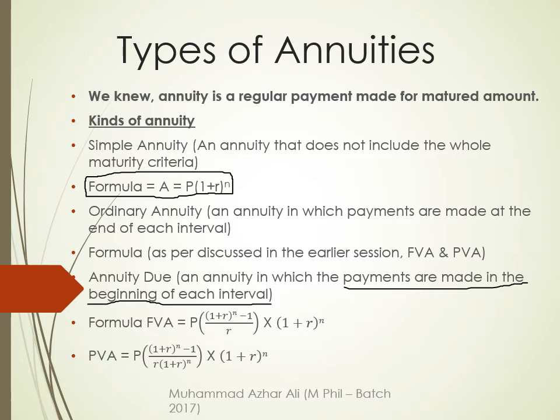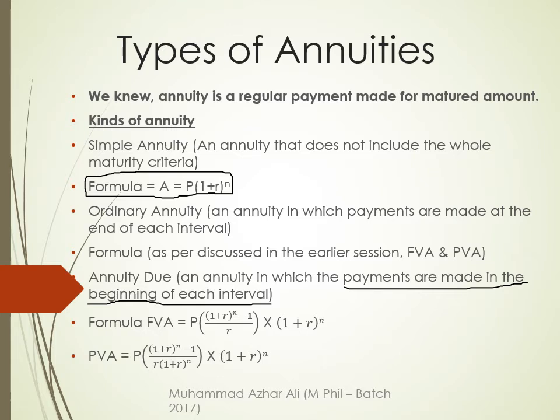Its formula remains the same, as you are seeing here, the same as the amount formula that we have discussed. And n will be taken as only one in the exceptional case of months, whatever months we are depositing the amount.